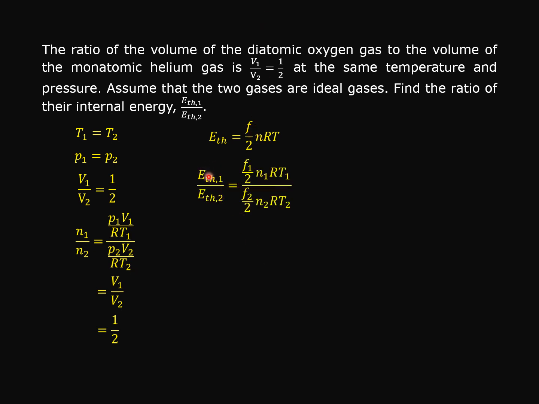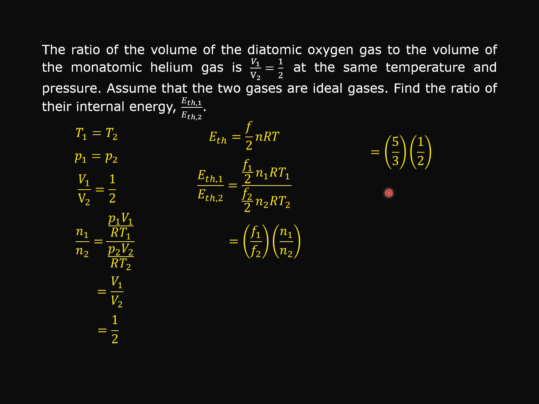So by taking the ratio for these two gases, we have ETH1 over ETH2 equal to f1 over 2 n1 RT1 divided by f2 over 2 n2 RT2. These expressions can be simplified by cancelling out the half, the gas constant R, and the temperature T, since T1 and T2 are the same for these two gases. Therefore, we will have f1 over f2 multiplied by n1 over n2.